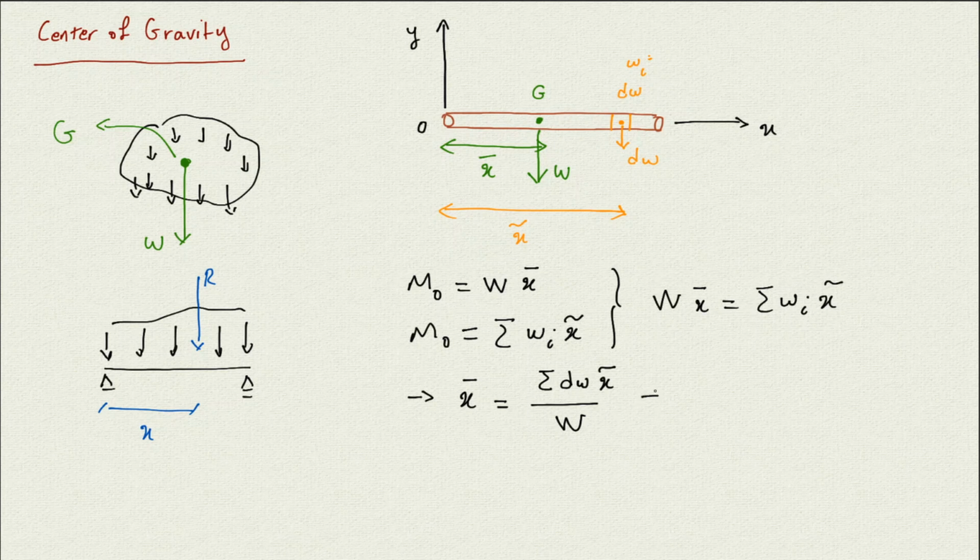And if I put them in the integration format, the total weight is just adding all the small weights. If I add all the small weights together, that's what I would get.